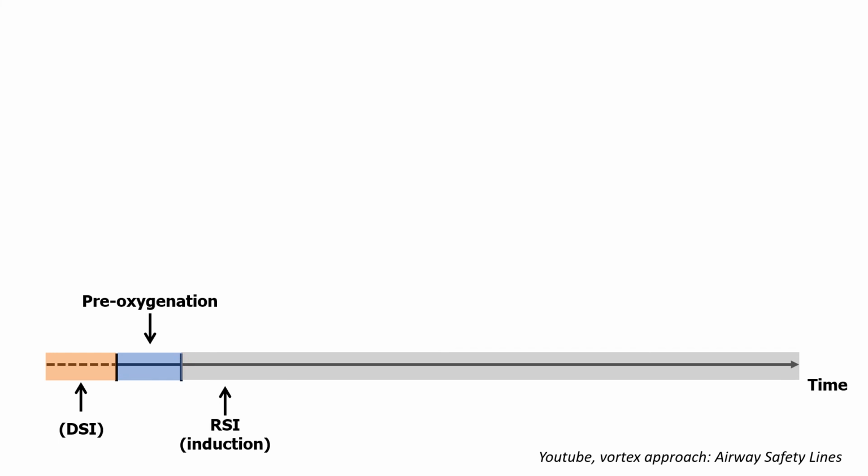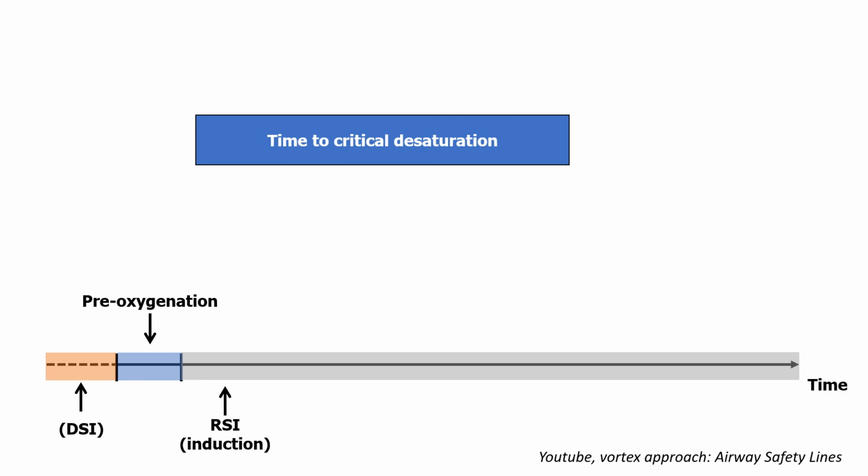And when you pre-oxygenate, then you hope you have this time to critical desaturation. That this is really, really long. That's the purpose of pre-oxygenation, right? They don't fall below maybe 90% in saturation, as we talked about earlier.